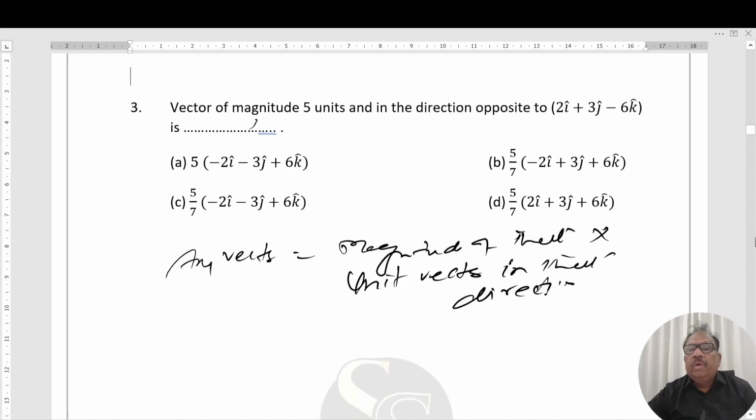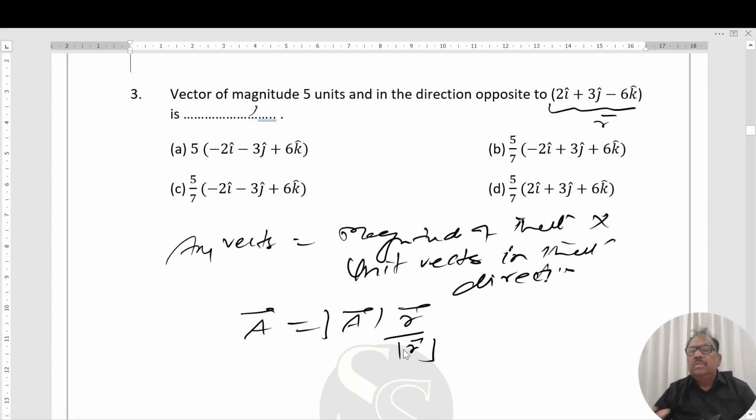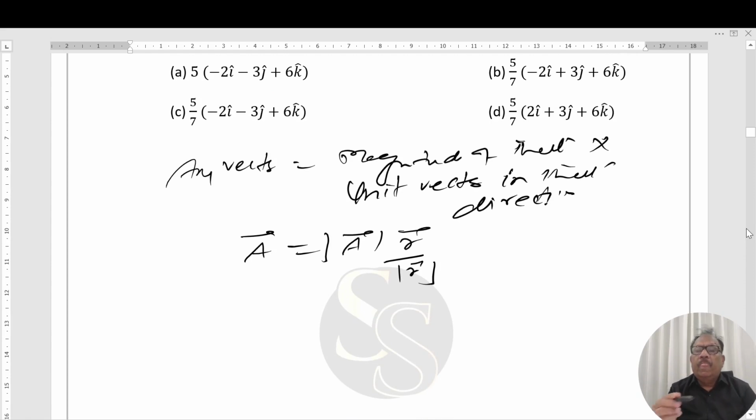We have to find vector A. So magnitude of vector A into the unit vector in that direction. So this is vector R, R divided by magnitude of R. That is the answer. Let's simplify.